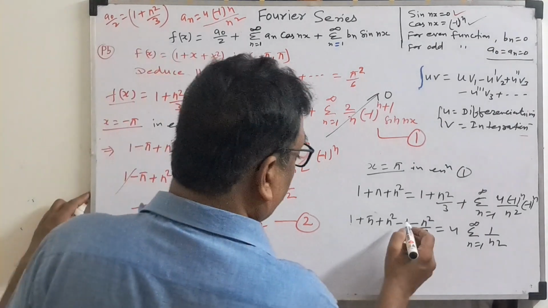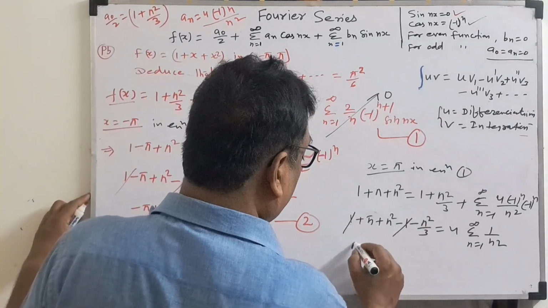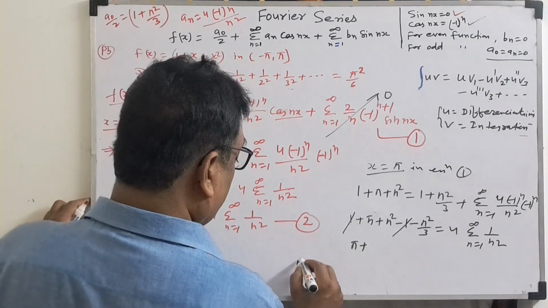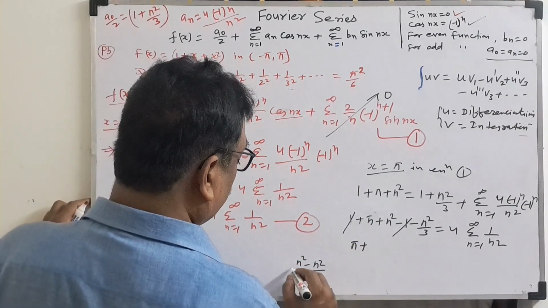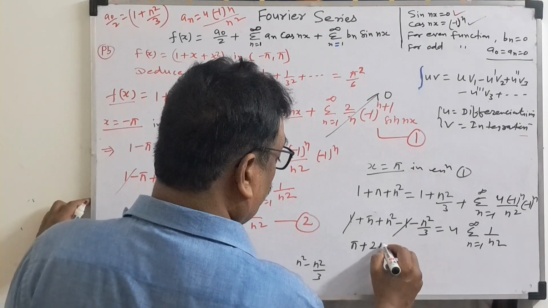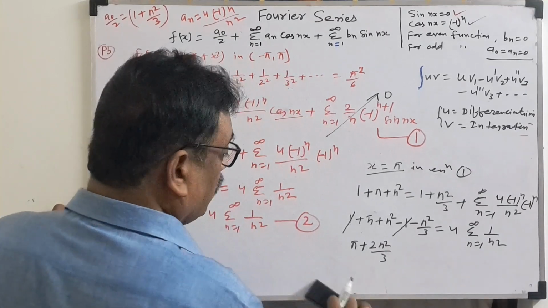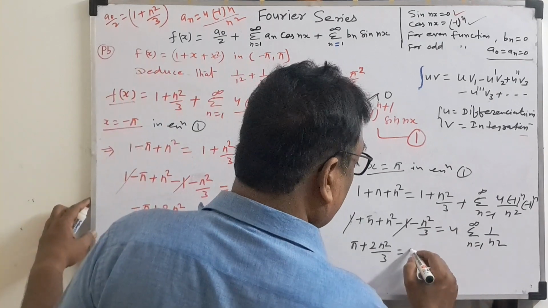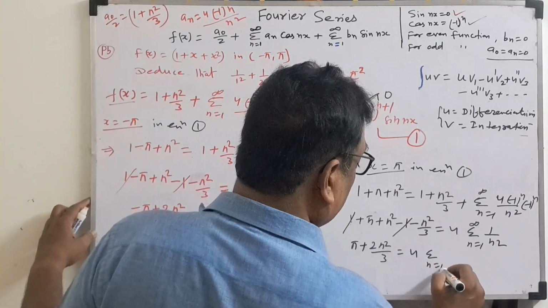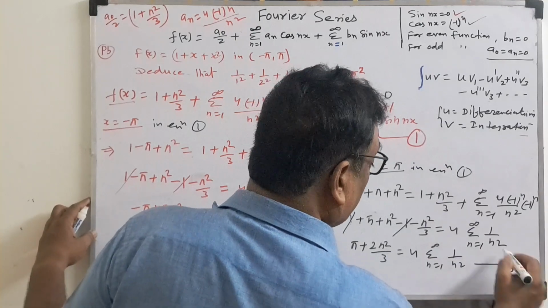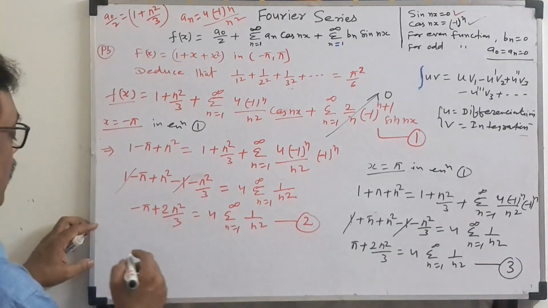Now this you solve. 1 gets cancelled, pi plus again pi square minus pi square by 3, same thing will come 2 pi square by 3 equal to this term 4 summation n is equal to 1 to infinity 1 by n square. This gives equation number 3. Now add 2 and 3, you will get the answer.